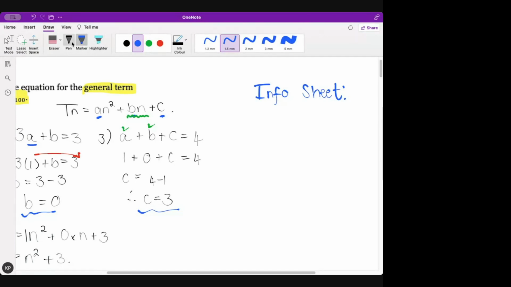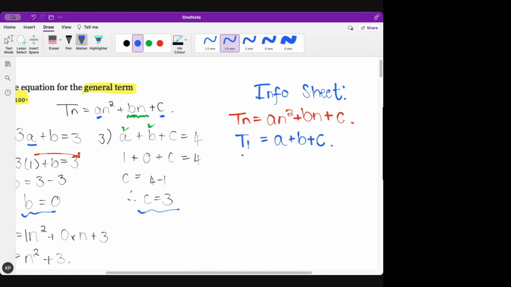Okay, so the general formula for quadratic number patterns is always an squared plus bn plus C. Okay, your T1, whatever your term number 1 is always equal to A plus B plus C. Are we with me?